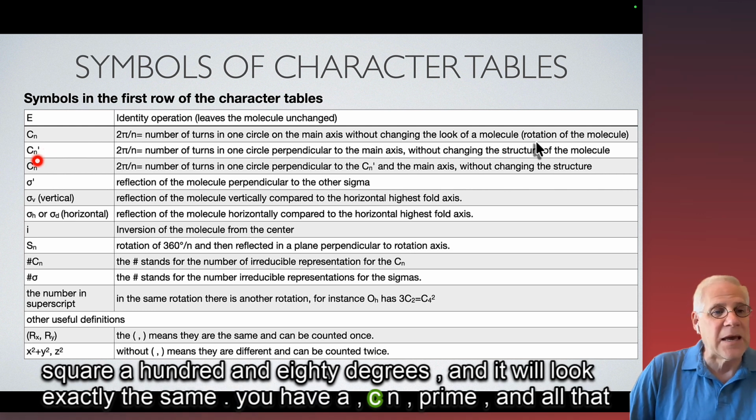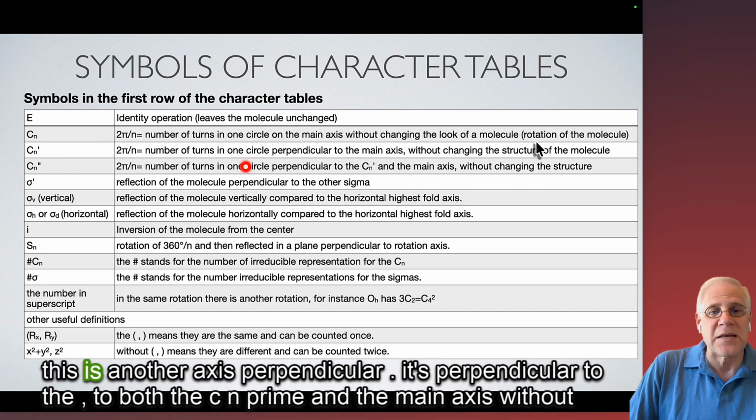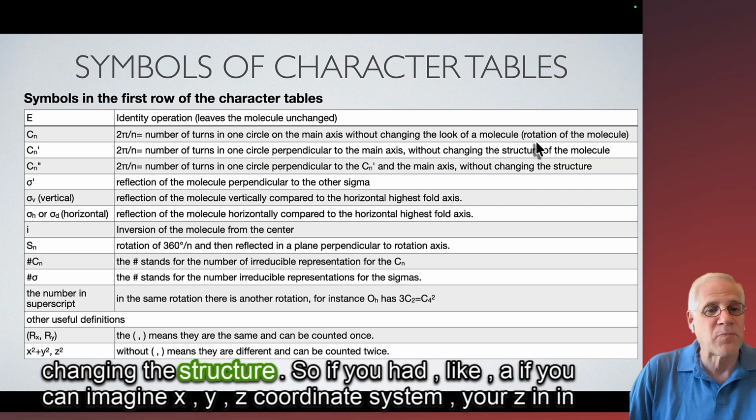A Cn prime is another rotational axis that is perpendicular to the main axis. And you may have a Cn double prime, and this is another axis perpendicular to both the Cn prime and the main axis without changing the structure.